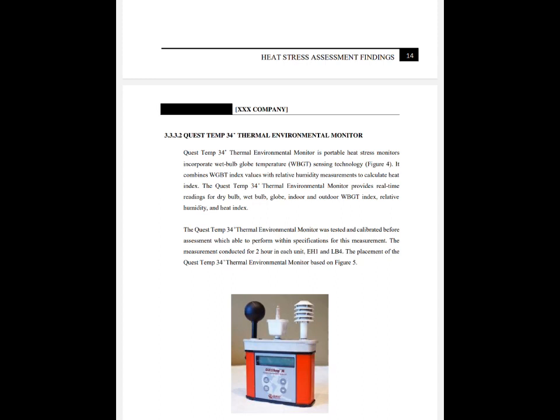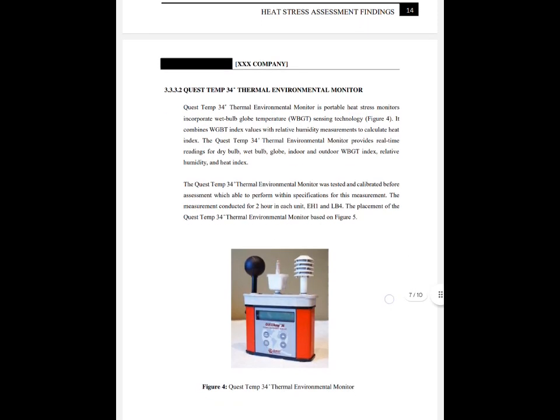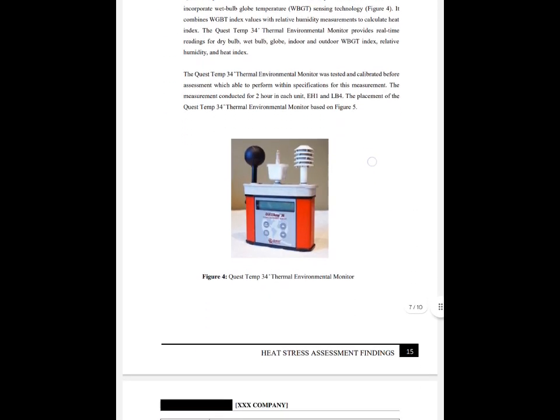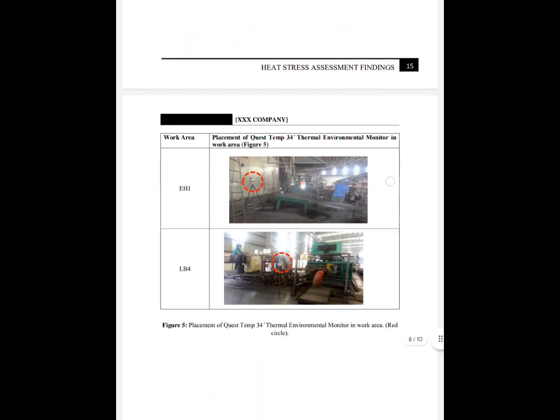Okay, and also raw data is not here, so we cannot see the details of them. Then the measurements were conducted for 2 hours in each unit, so they mention the durations of the measurements. And then the placement is here for EH1 and here for LB4.